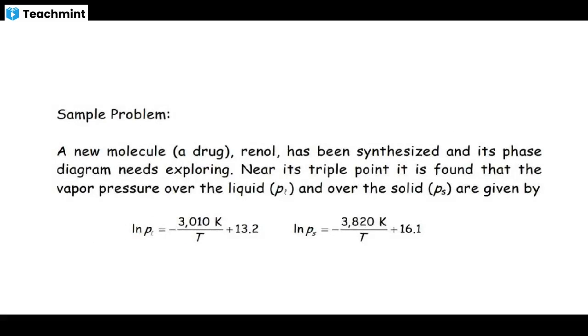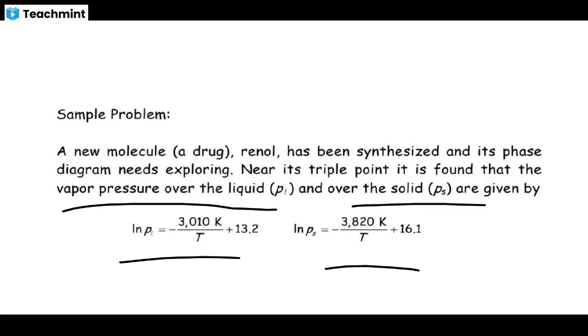Here is a simple problem. A drug molecule has been synthesized and its phase diagram needs to be explored. Near its triple point, it is found that the vapor pressure over the liquid, pL, and over the solid, pS, are given. Near the triple point they give the vapor pressure of liquid and solid.